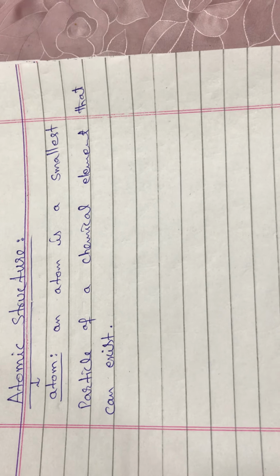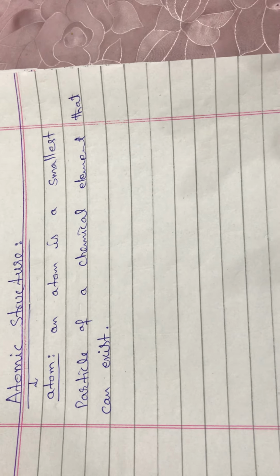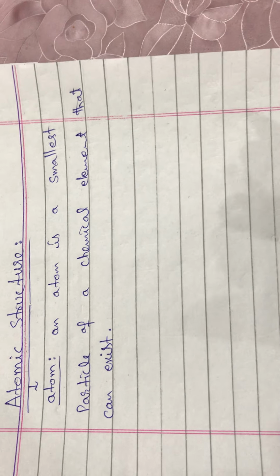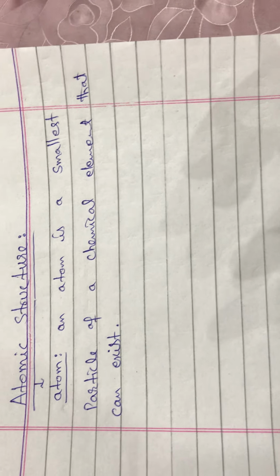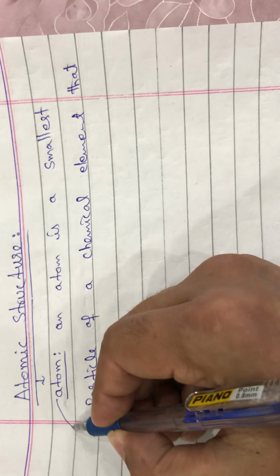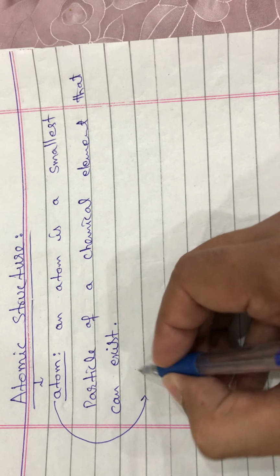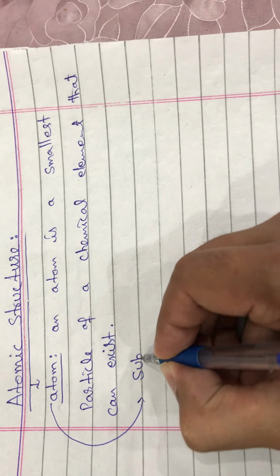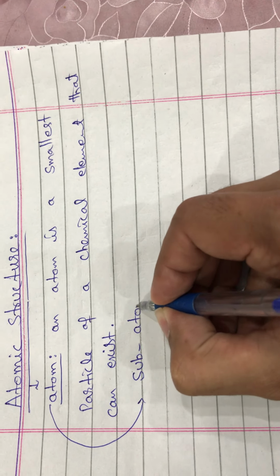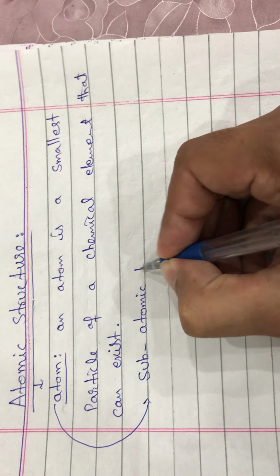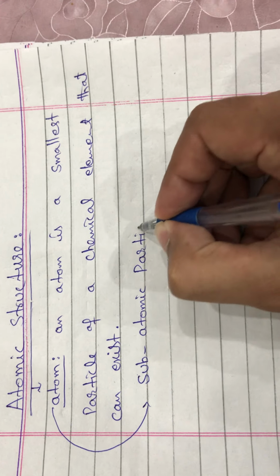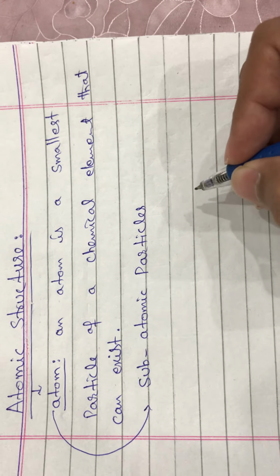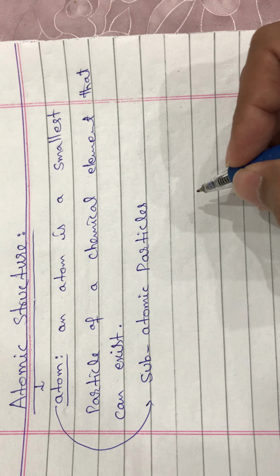So this is an atom, but atom also has some smaller particles that are known as subatomic particles of an atom. Subatomic particles mean atom is further divided into these smaller particles.